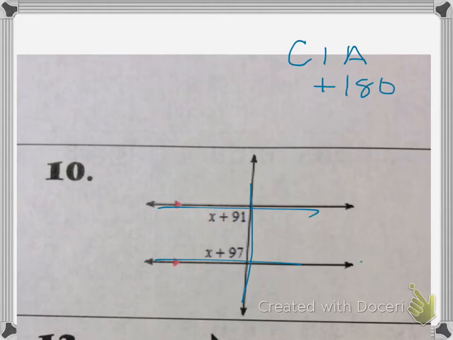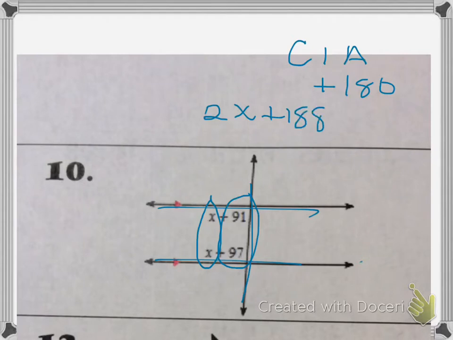So what I'm going to do is I'm going to add those two angles together and set them equal to 180. So I like to add them before I write them down. So x plus x is 2x. 91 plus 97 is 188. And I know those are going to be equal to 180.